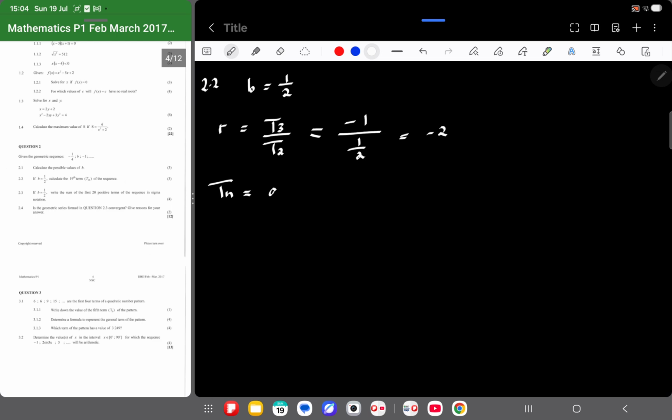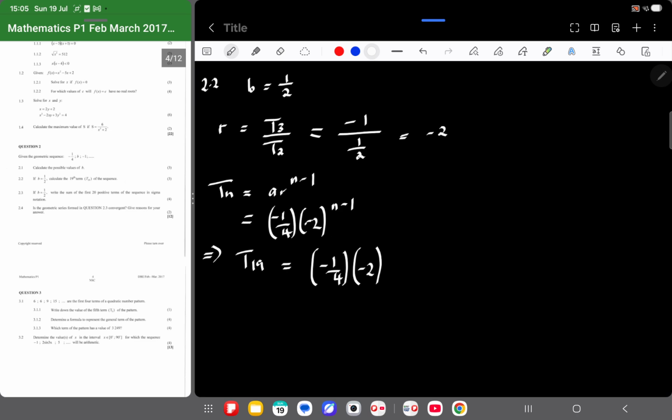Tn equals a r to the n minus 1, which equals -1/4 times -2 to the n minus 1, which implies that our T19, our 19th term, will be equal to -1/4 multiplied by -2 to the power of 19 minus 1, which is 18.